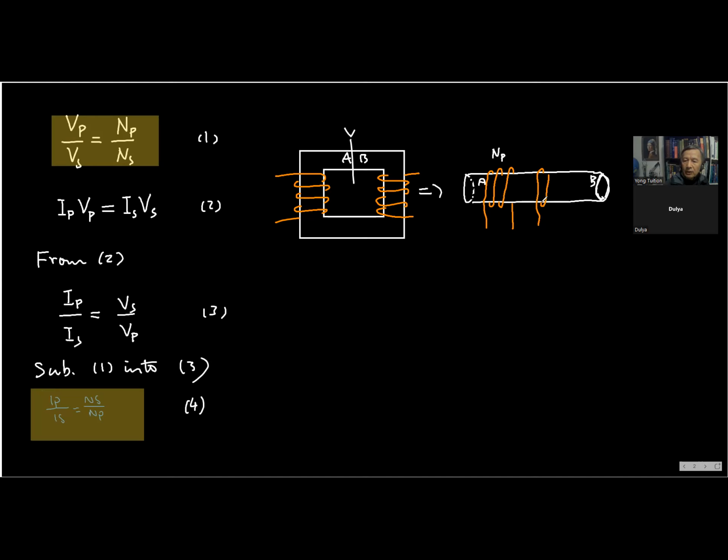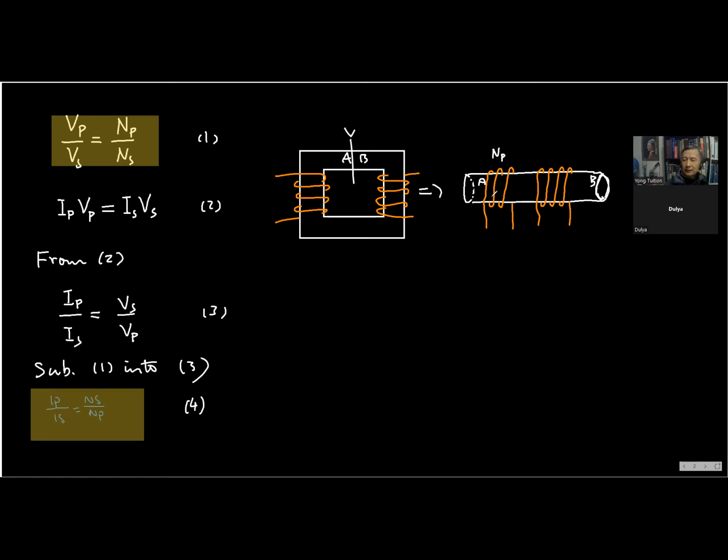You can call this a transformation, right? I changed the shape, but we just redrew this transformer into this form. Actually, you can still use this device as a transformer, okay? But unfortunately, if you don't make a loop, then there is some leakage of the magnetic field.